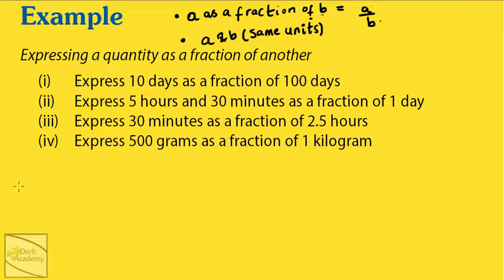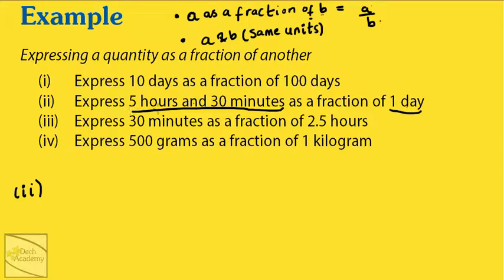In case 2, we're required to express 5 hours and 30 minutes as a fraction of 1 day. The first step we should take here is to make sure our two values have the same units.